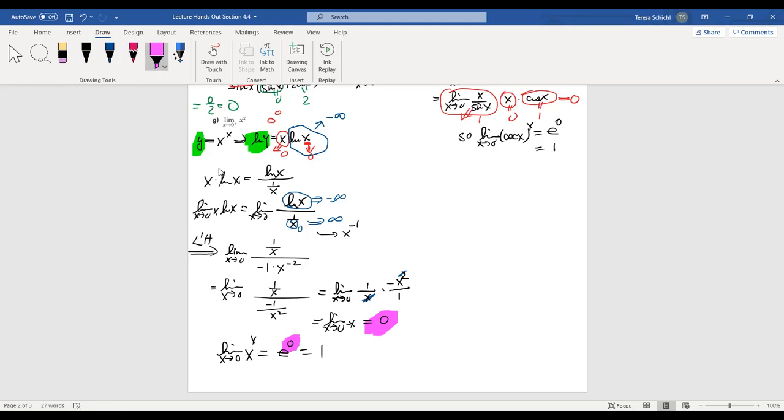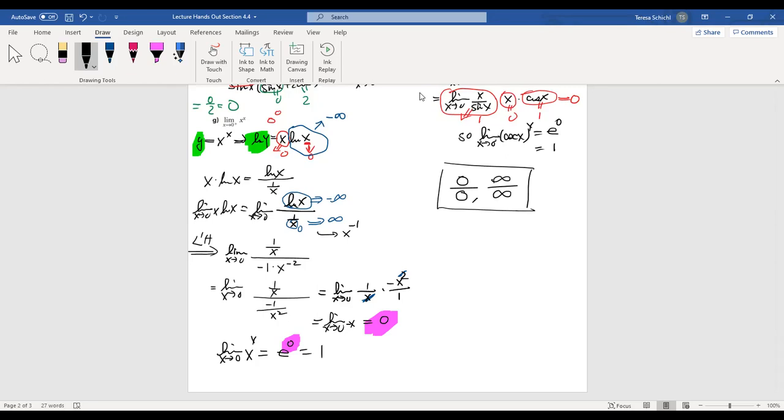So the key thing for you to remember is that you can use L'Hopital's rule when you have the indeterminate form 0 over 0 or infinity over infinity. Those are the ones where you can just apply L'Hopital's rule by taking the derivative of the numerator and the derivative of the denominator.